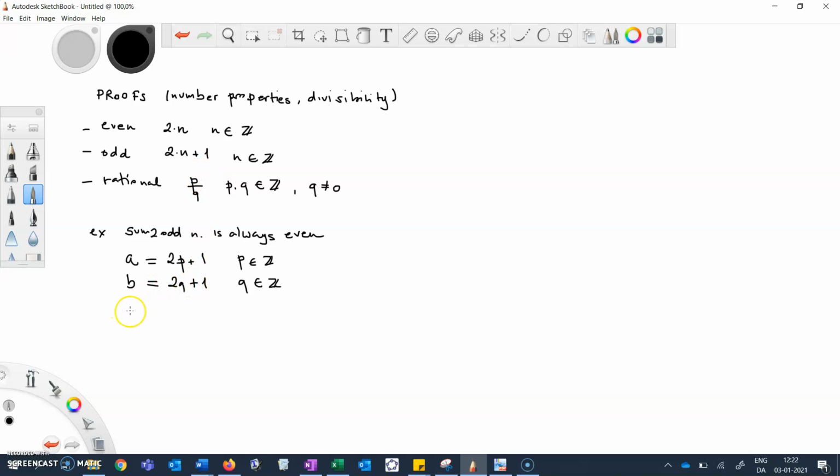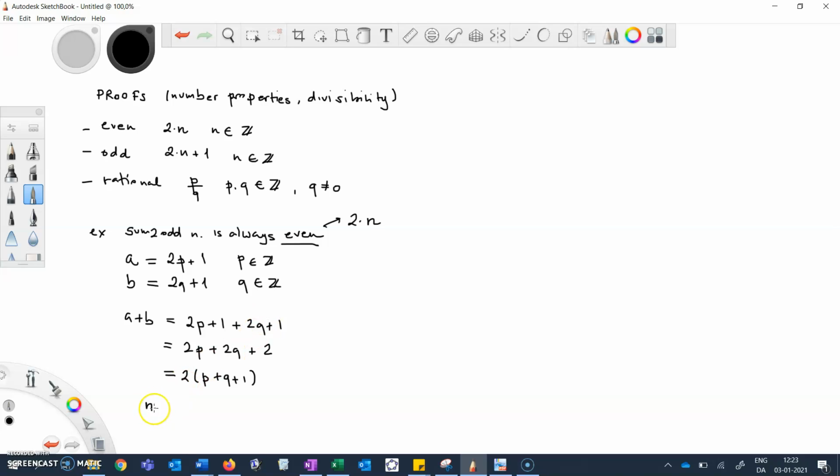Then the way I'm going to prove the statement is just summing up a and b. So I'm just substituting a with 2p plus 1 and b with 2q plus 1. I'm going to get therefore 2p plus 2q plus 2. And finally, I can even factorize a 2 here. So I will have 2 times p plus q plus 1. Why am I factorizing? Well, because to say that the number is even, it means that I can write it as 2 times something, so 2 times n.